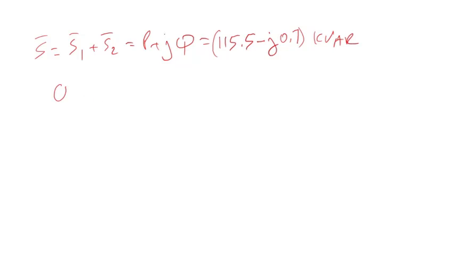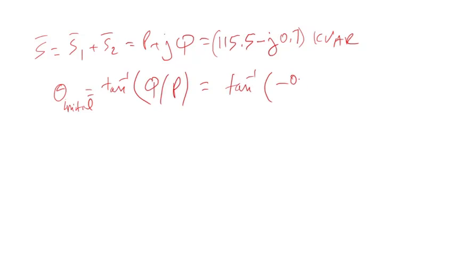So the angle here, we can call it theta initial, is the inverse tan of Q divided by P, which is inverse tan of minus 0.7 divided by 115.5, which comes to negative 0.347 degrees.